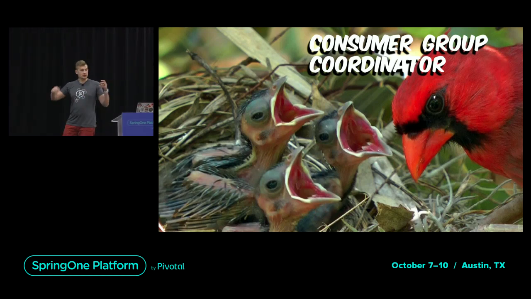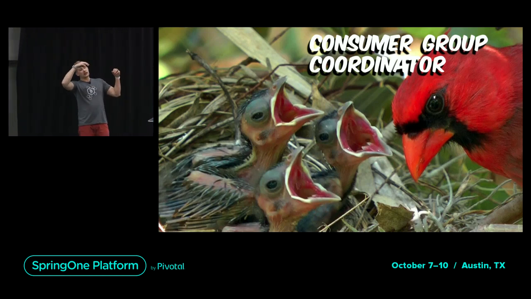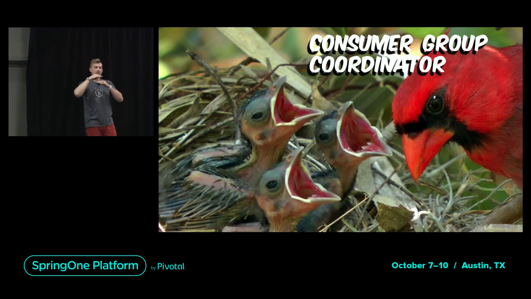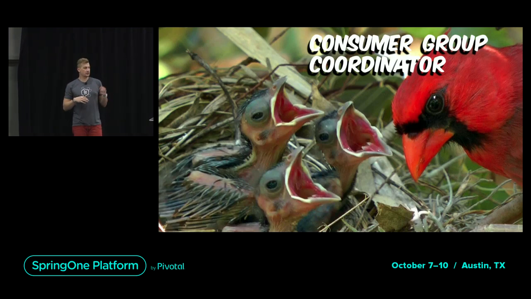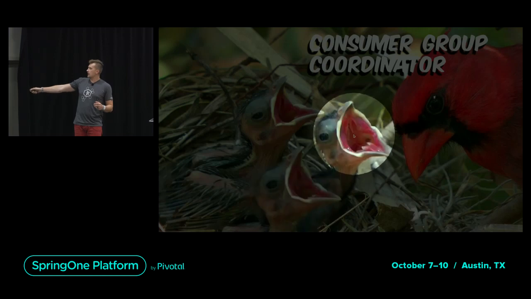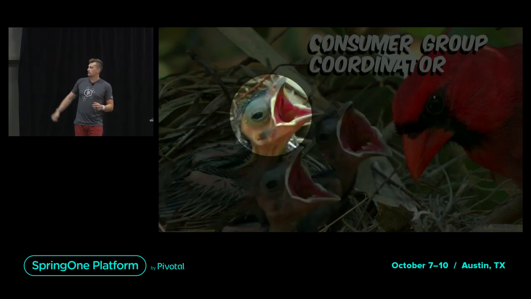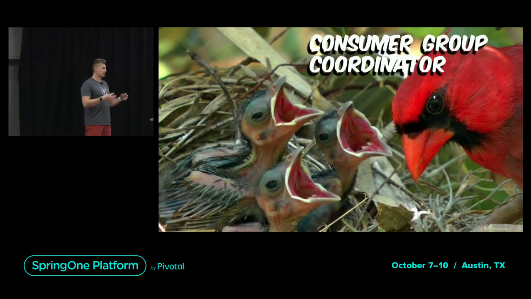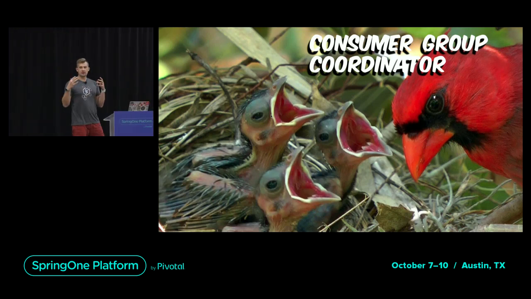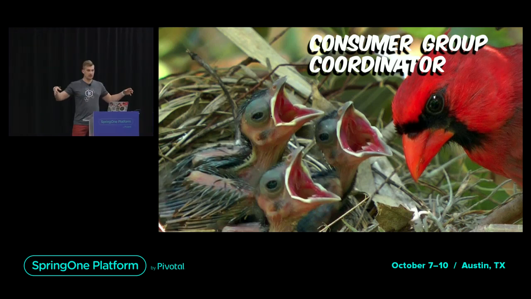The consumer group coordinator is a part of the broker, and it knows: I have a topic, I have 10 partitions in this topic, I have a consumer group with 3 consumers, so I will distribute these partitions among them. This guy will get 3, this guy will get 3, this guy will get 4. So now you have one topic that will be consumed by 3 different consumers.